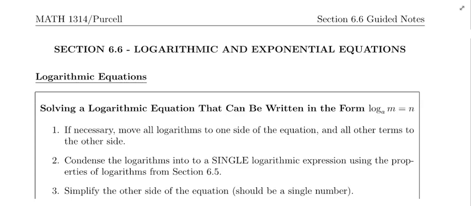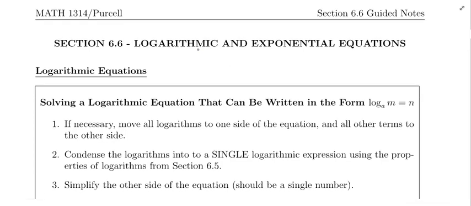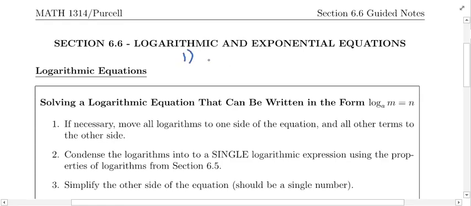When you encounter a logarithmic equation, they're pretty easy to spot. You're going to have a statement with an equal sign and it's going to have a logarithm in it. In this class, there are basically two types of logarithmic equations that you will encounter. Number one, you're going to get an equation that can be written in this format: log base A of something is equal to a number.